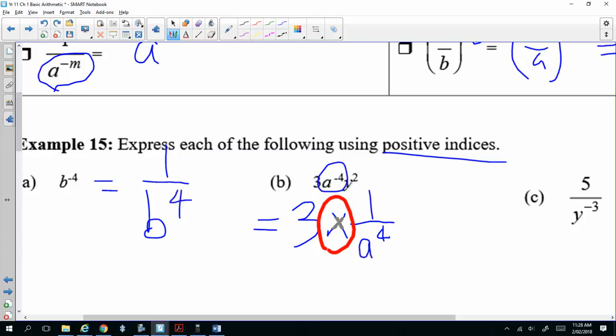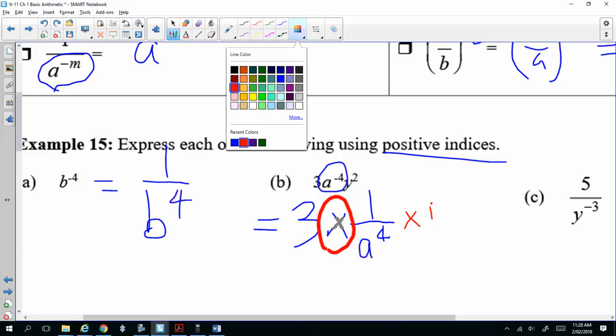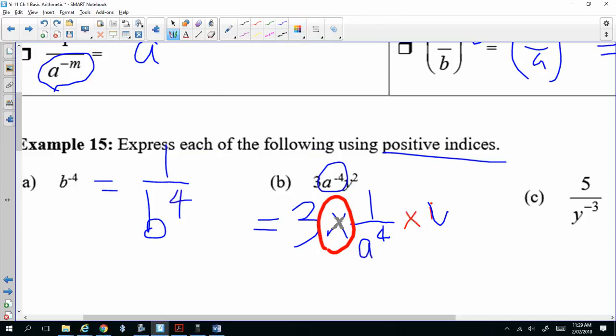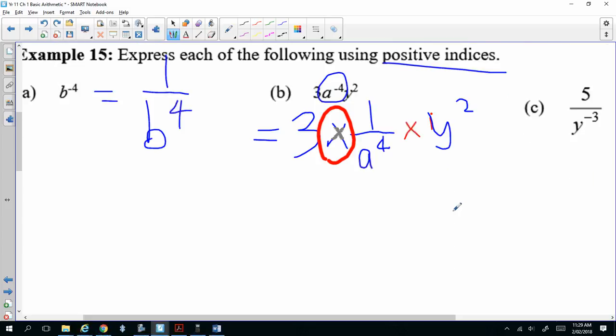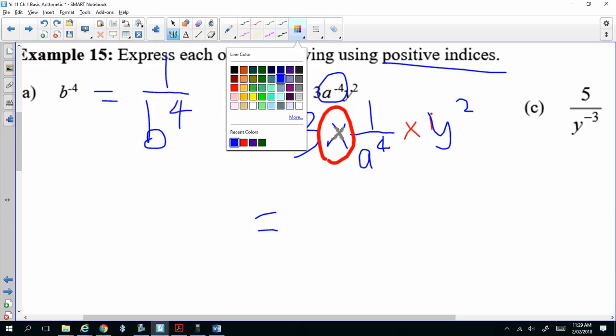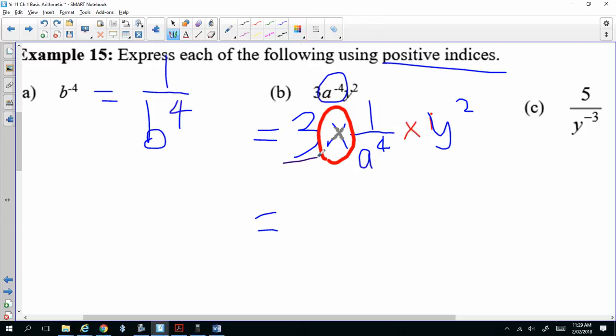Now that's not your final answer. Your final answer needs to be a single term without the times symbol. So what you do is, if it's times, you just write over 1, which means the denominator is 1. That will tell you to multiply the numerators together. The numerator is 3, 1, and y squared, but the denominator is just a to the power of 4.